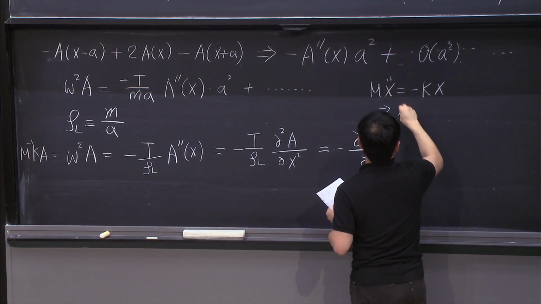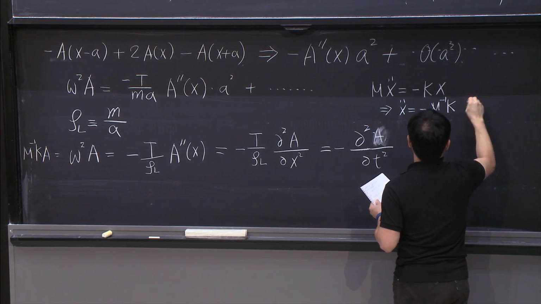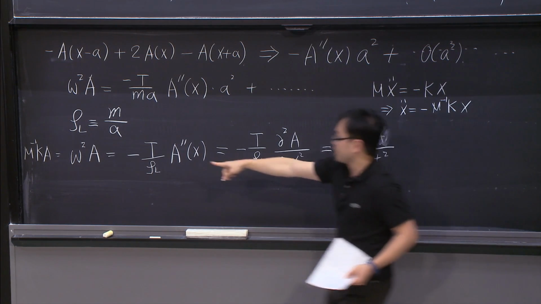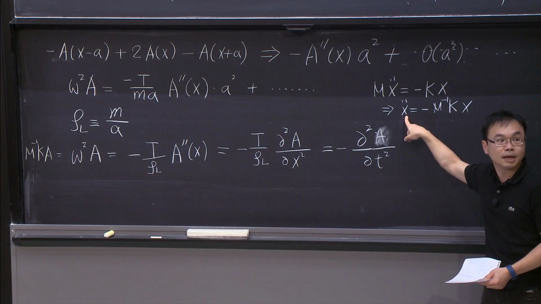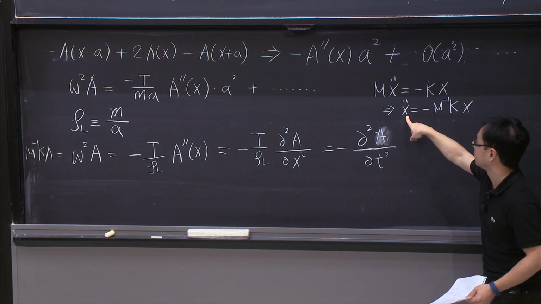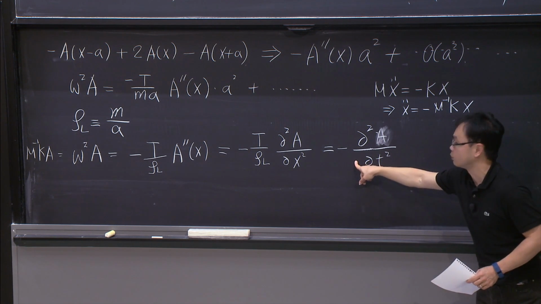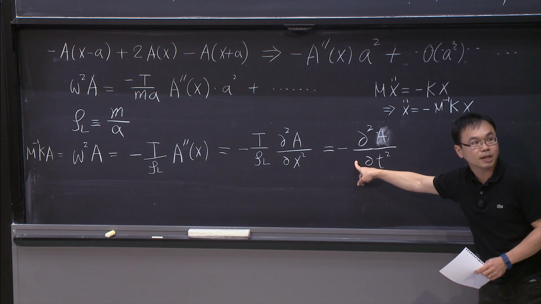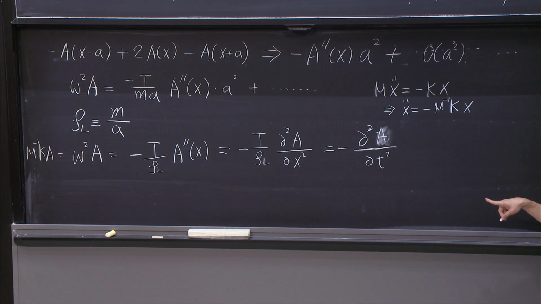Therefore, x double dot will be equal to minus m minus 1 kx, so minus m minus 1 k matrix will be equal to x double dot. And what is x double dot? In the current representation, it's just partial squared a, partial t squared. Can everybody accept this?